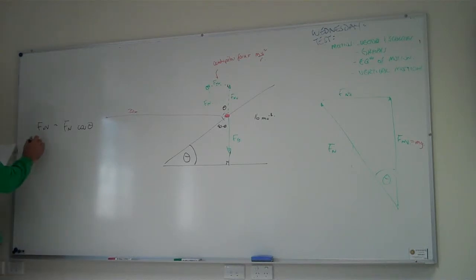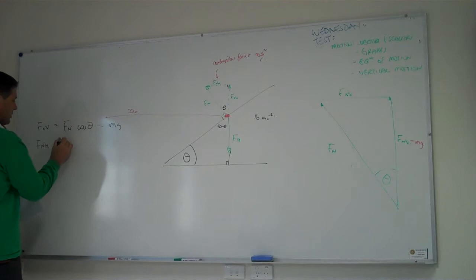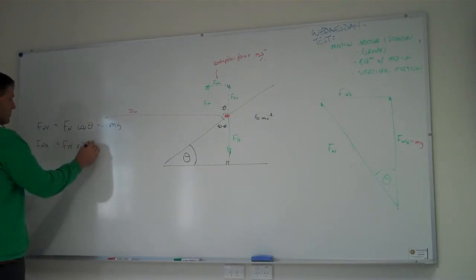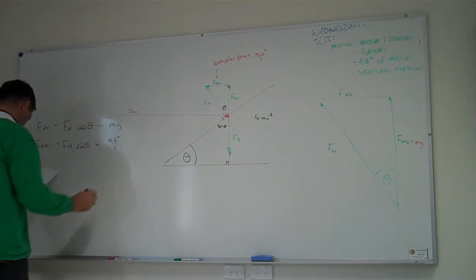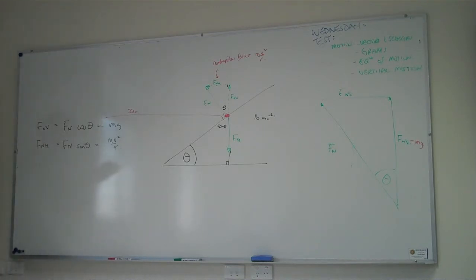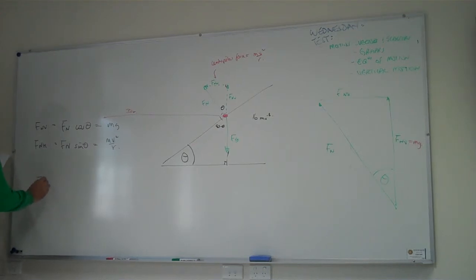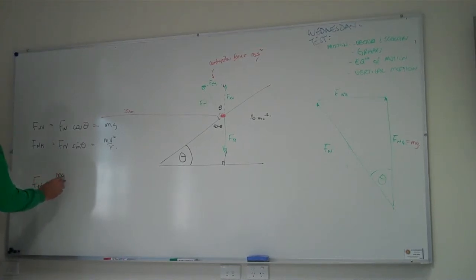We also have force normal vertical, similarly. That's going to be equal to mg. This one is going to be equal to Fn cos theta, and the horizontal one, Fn sine theta, is going to be equal to mv squared on r. Now if you rearrange that one, Fn equals mg on cos theta.